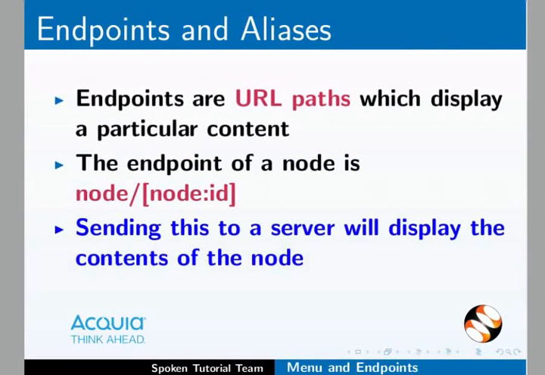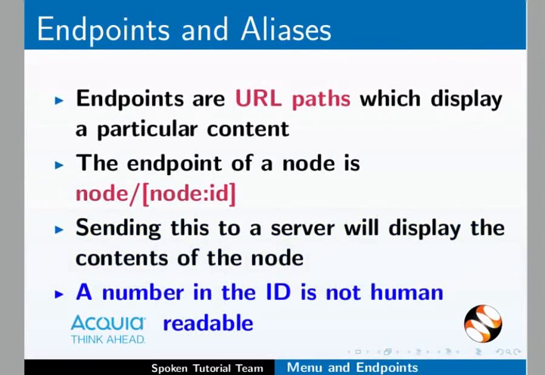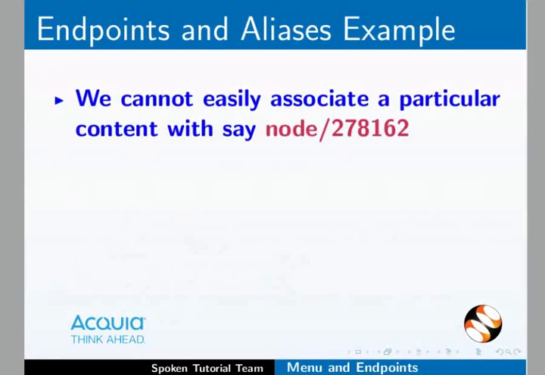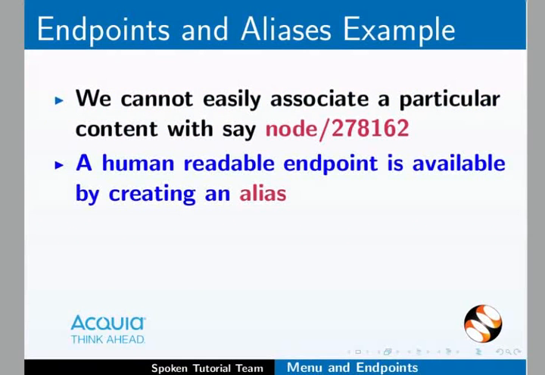Sending this to a server will display the contents of the node. A number in the ID is not human readable. That is, we cannot easily associate a particular content with, say, node/278162.